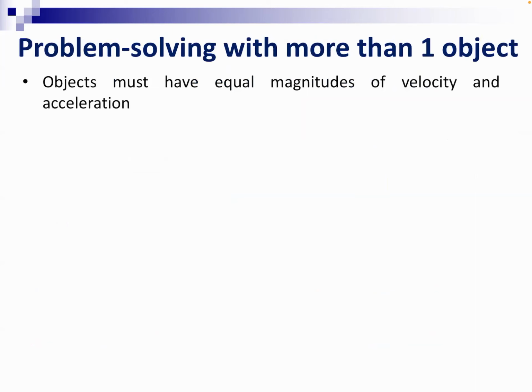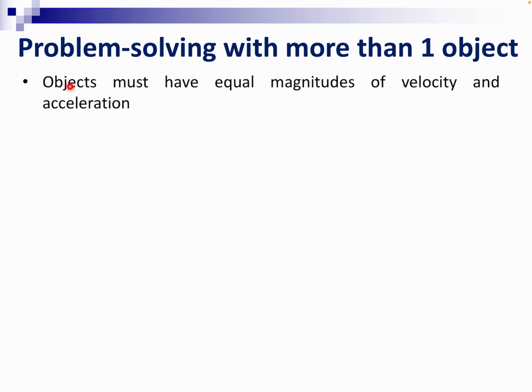We didn't have quite enough time to go over applying free body diagrams to systems with more than one object. So let's start our lecture with that. Intuitively, if two objects are connected together and they move together, then it just makes sense that their acceleration should be the same, right? Because they're moving at the same time.